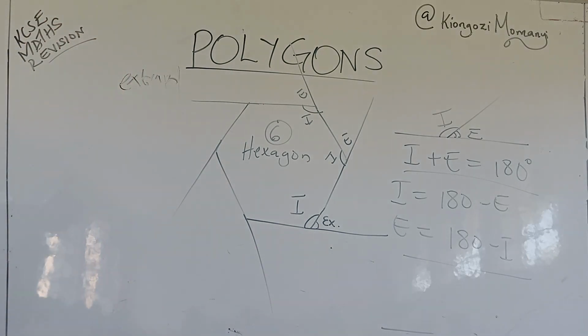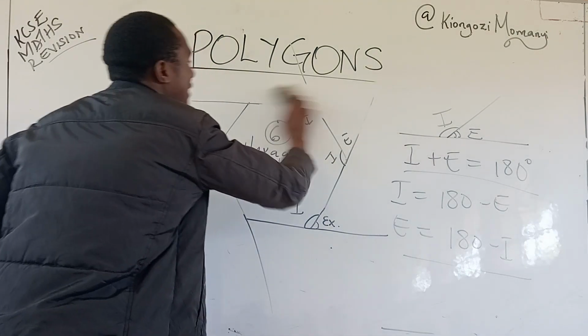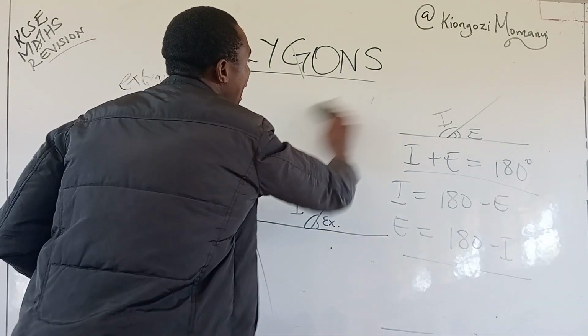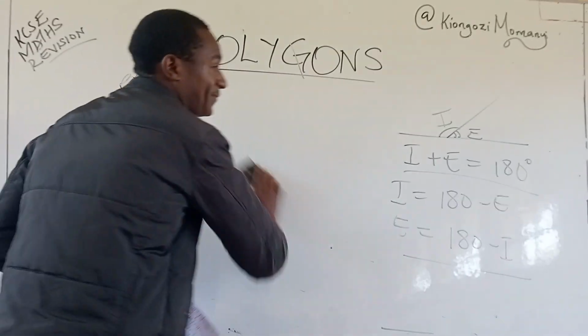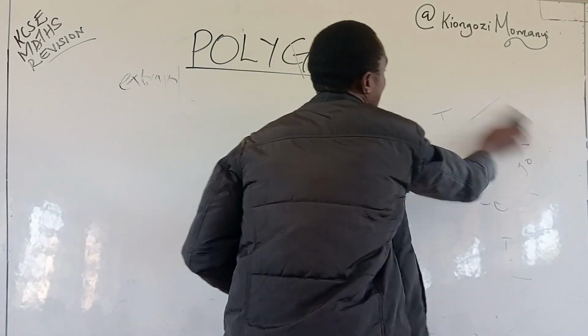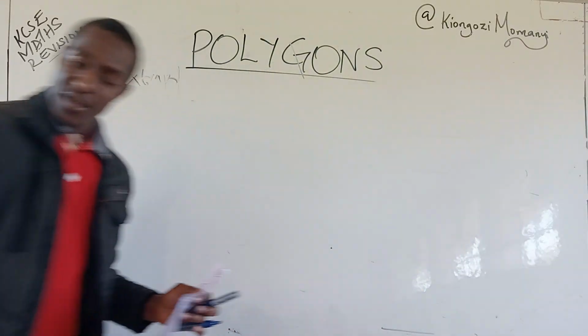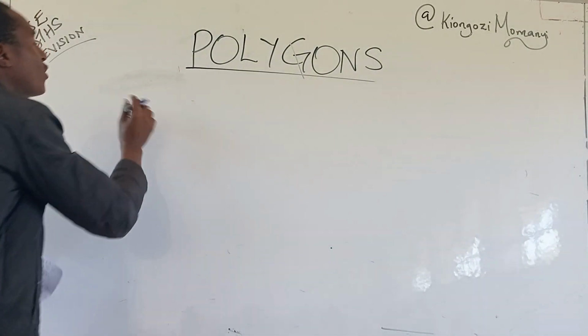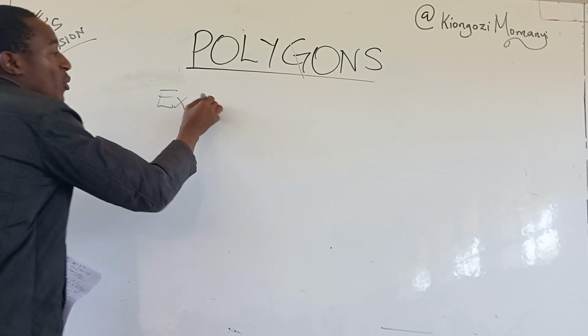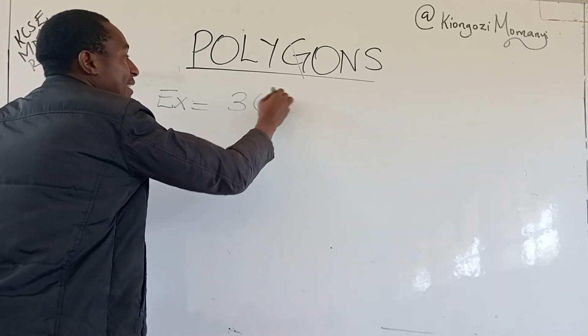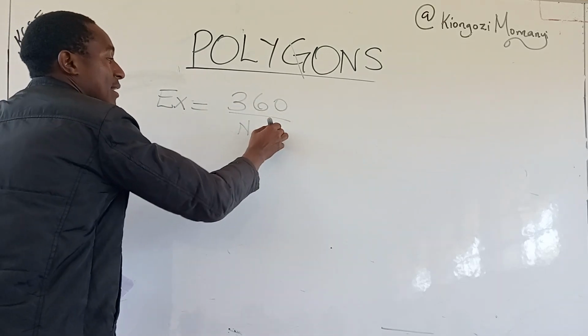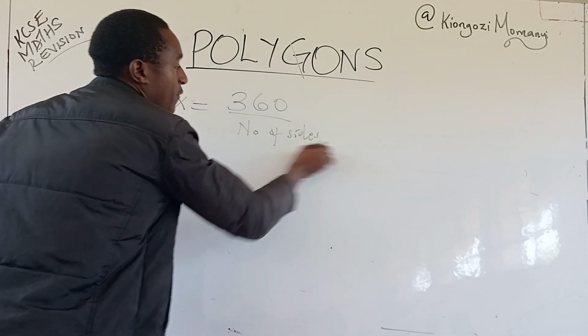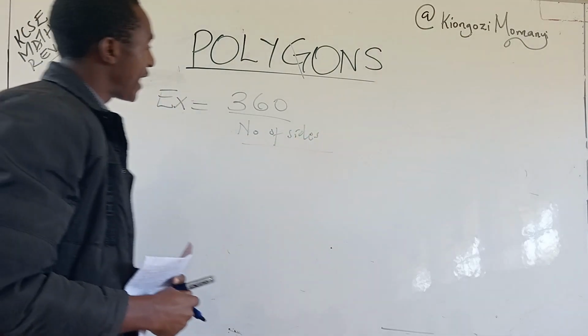The second part is about looking for exterior by another formula. Exterior angle is very important. If you are looking for exterior, you say 360 divided by the number of sides.